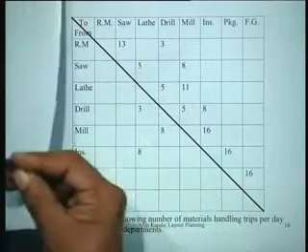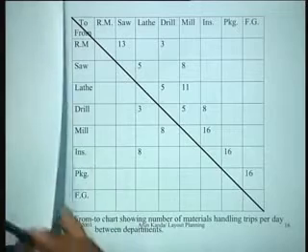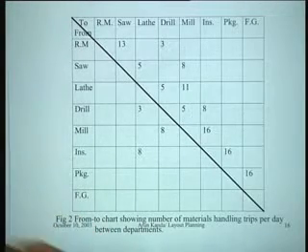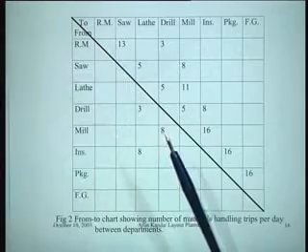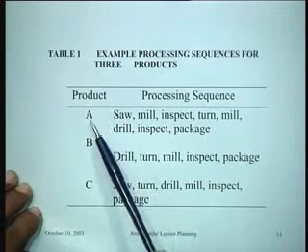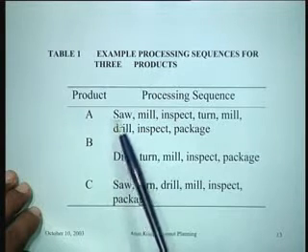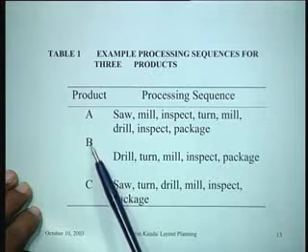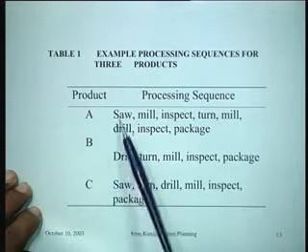So what we have is what is the total movement which will take place from raw material to saw. So let's look at this requirement. This product A will go from raw material to saw, C will also go from raw material to saw, but B will go from raw material to drill, it doesn't go to saw.